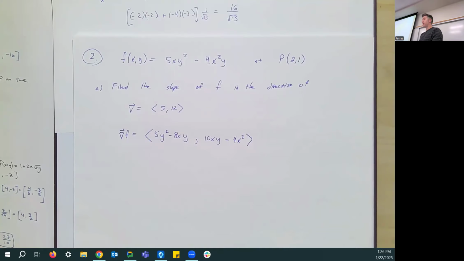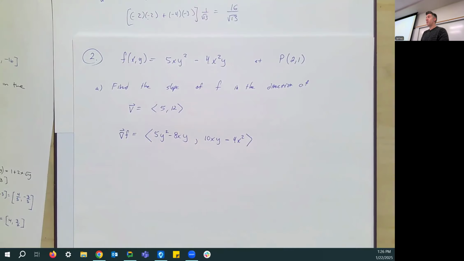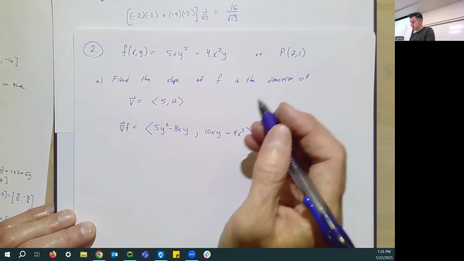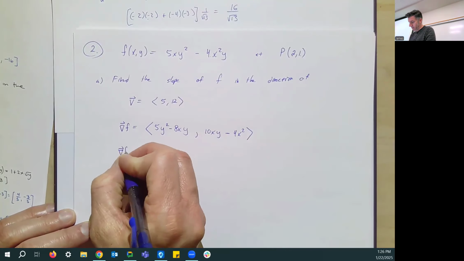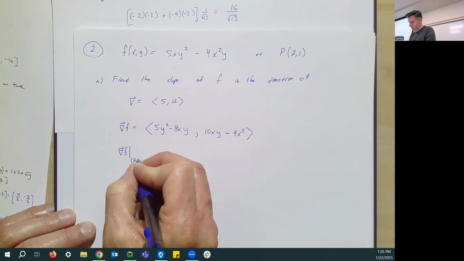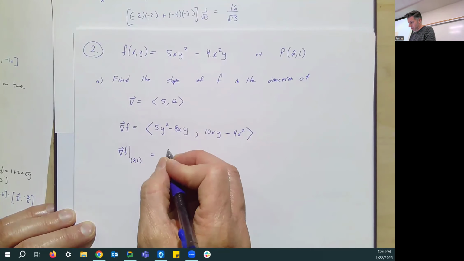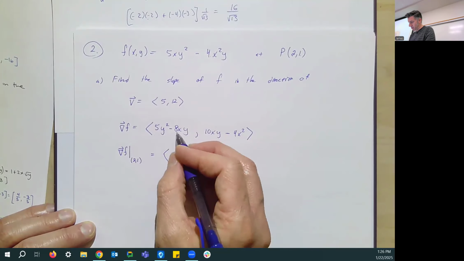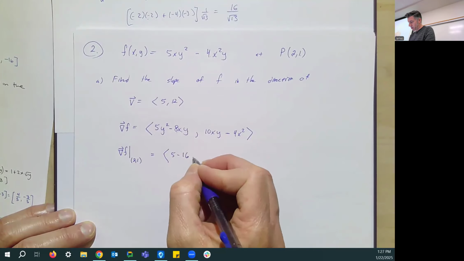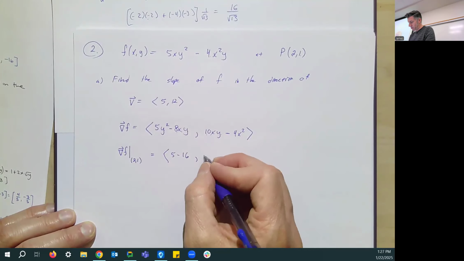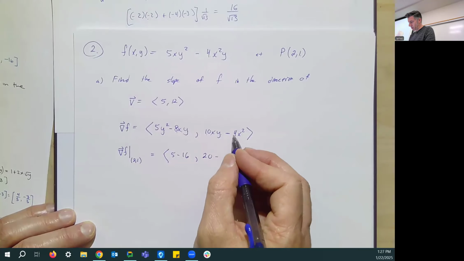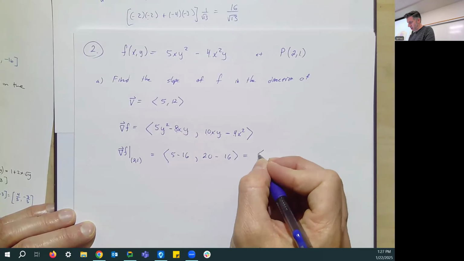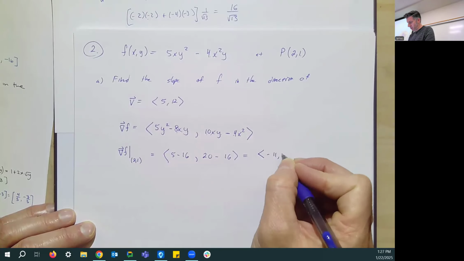So there's our gradient at any point, but then we're going to plug in the specific point, which is the point 2 comma 1. So the gradient of f evaluated at 2 comma 1 is going to be 5 times 1 squared, so 5 minus 8 times 2 times 1, comma 10 times 2 times 1, minus 4 times 2 squared. So it looks like we're getting a gradient of -11 comma +4.